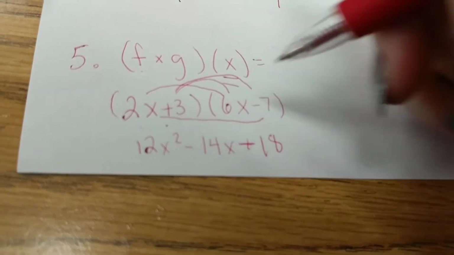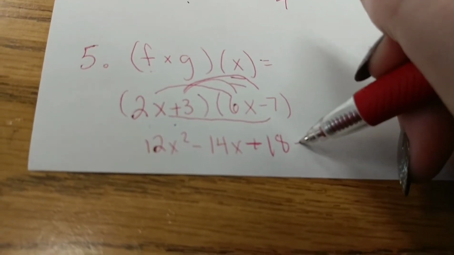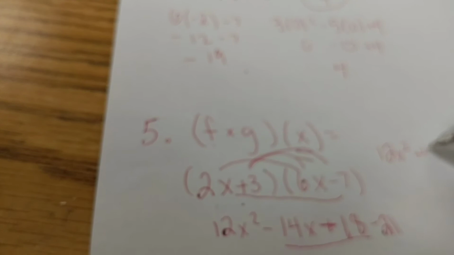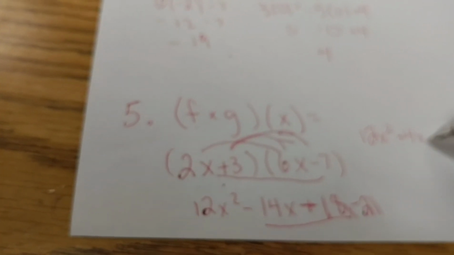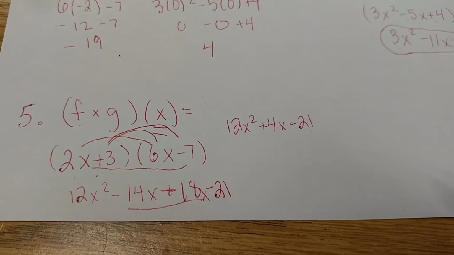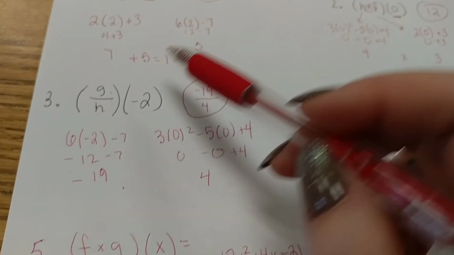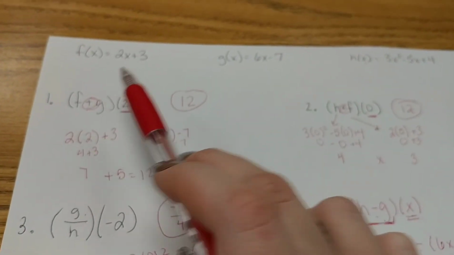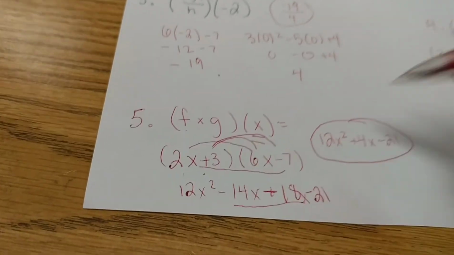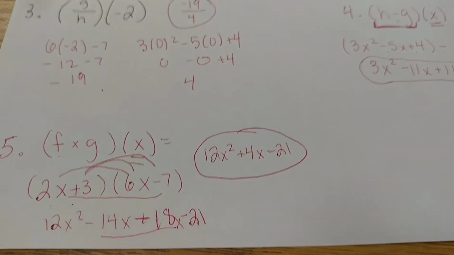And then the last two, negative 7 and 3, is negative 21. So when you combine these like terms, we get 12x squared plus 4x minus 21. That is the final answer because this variable, x, is the same variable that function f and function g have, therefore there's no substitution that needs to be done.